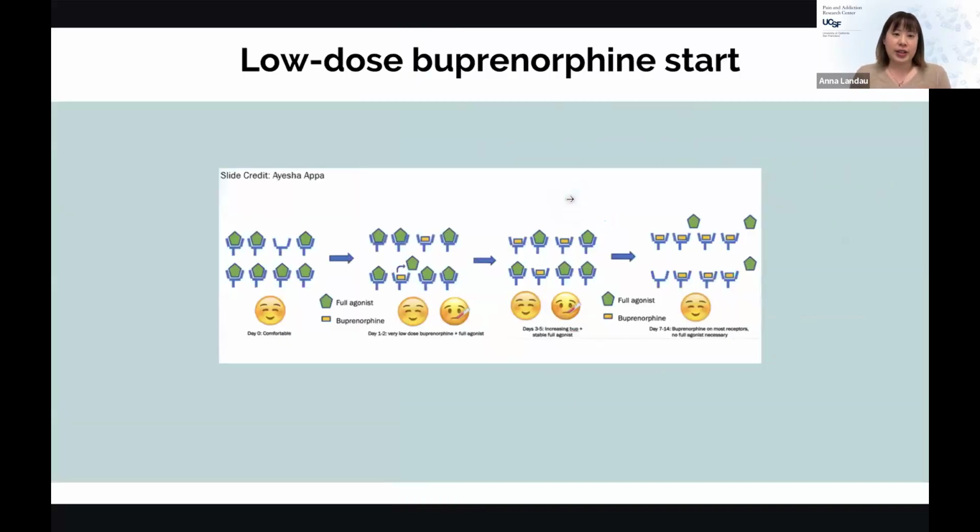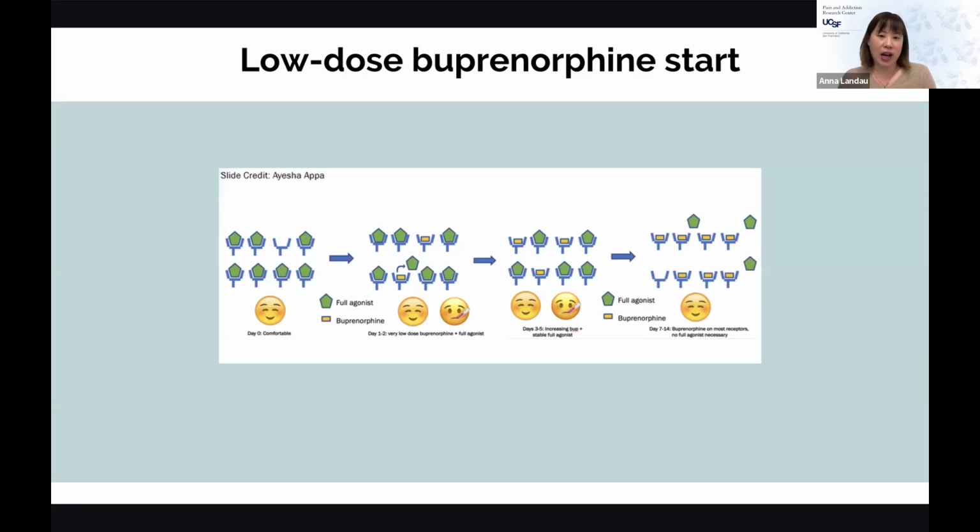And again, describing how this is happening at the receptor level, the green trapezoid is their full agonist opioid, such as fentanyl or heroin. On day 0, they're quite comfortable. They start to introduce small doses of buprenorphine that displace a little bit of the agonist, and so they feel a little bit uncomfortable, from days 1 to 2, and then their buprenorphine dose is increasing.